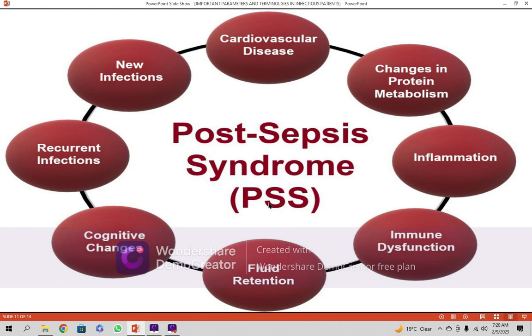The post-sepsis syndrome, that is called. Not all patients develop this condition. They said about 5 to 10% of the patients develop this condition, although there will be no evidence of infection, according to the microbiologist, blood culture is negative, the urine is negative, sputum, everything was negative.